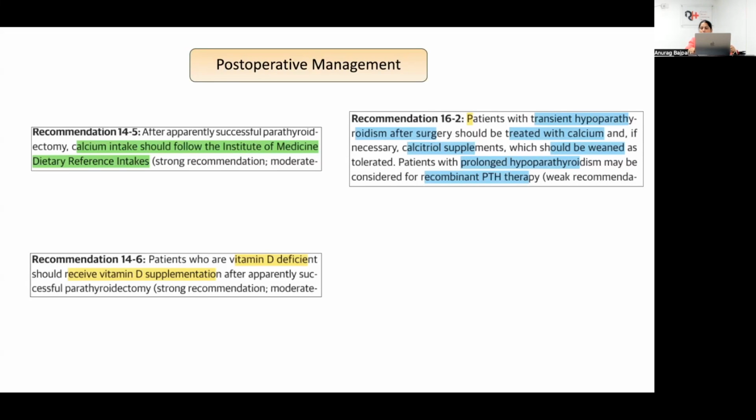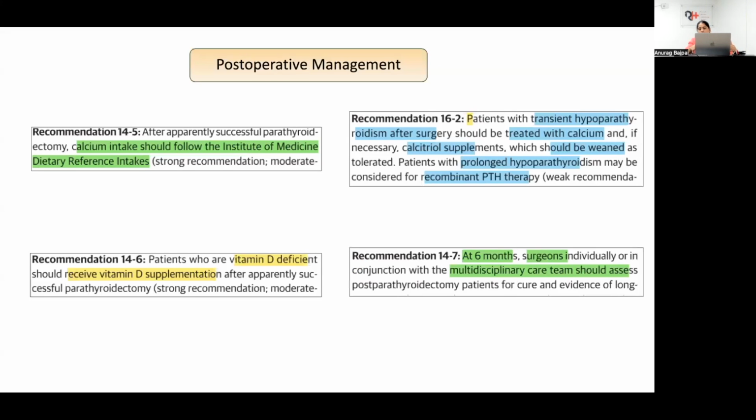For patients with prolonged hypoparathyroidism, PTH therapy is recommended to be considered. The patients are monitored at 6 months by the surgeon and the multidisciplinary team to assess whether the surgery is a cure or a failure. So this monitoring at 6-month interval is important.